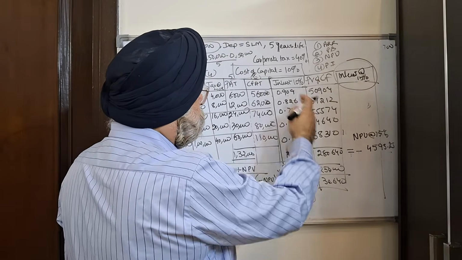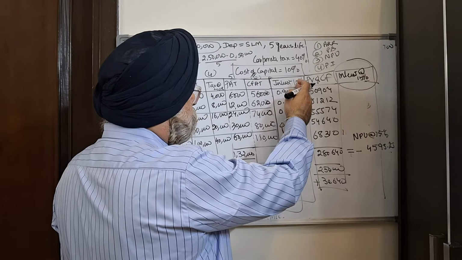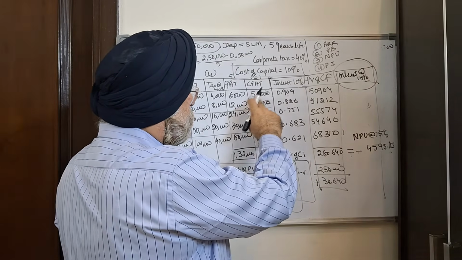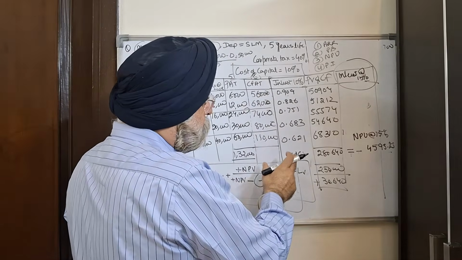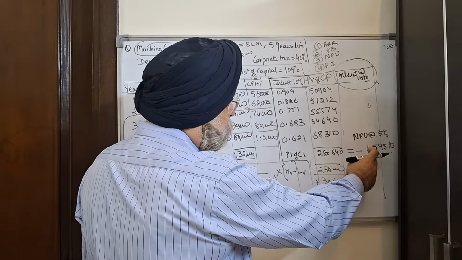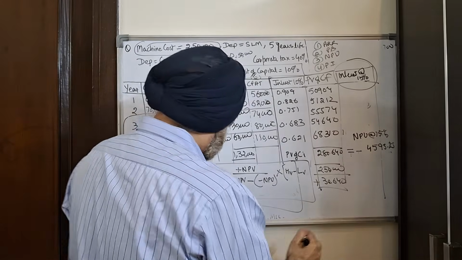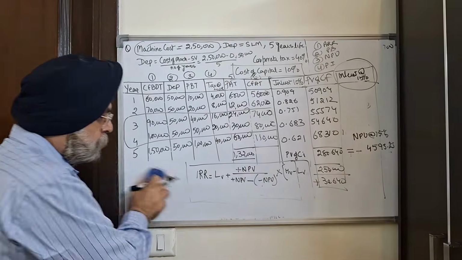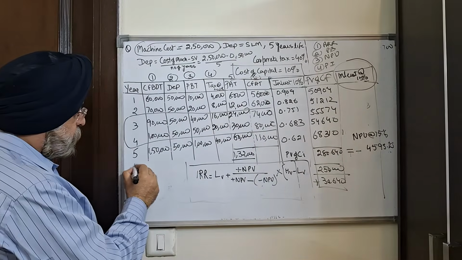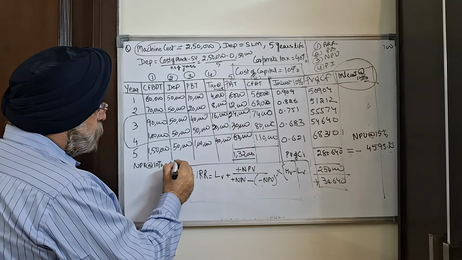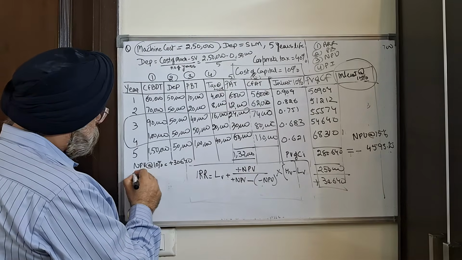The value you will write like this: interest 15%. You will have to multiply those values with the cash flows and you add it up, and minus 2,50,000, you will get minus 4,593. Now the formula we will put: NPV at 10% is positive 30640.